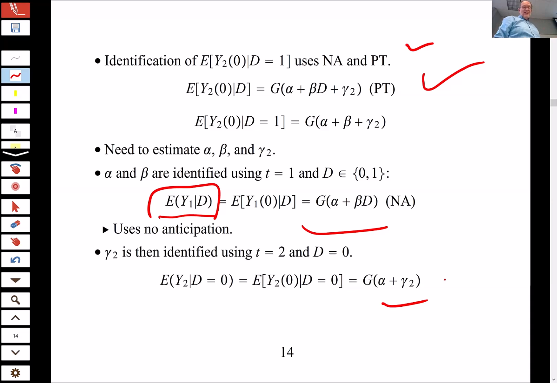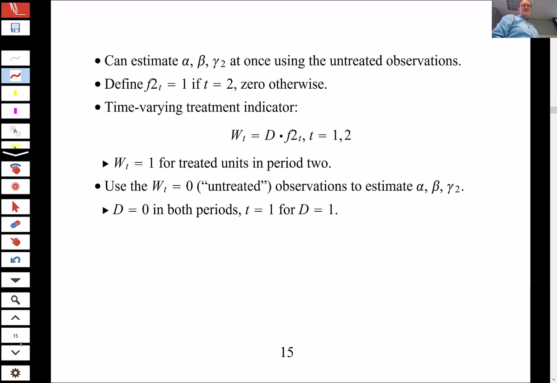Because I know I don't have a ton of time, I'm just going to skip around a little bit, but you can define then a time varying treatment indicator where this is the product of, are you ever treated, yes or no, that's D. And then F2 is just an indicator for being in the second time period. I didn't want to reuse D, so this comes from the factor model literature. So F2 is just the usual time dummy.